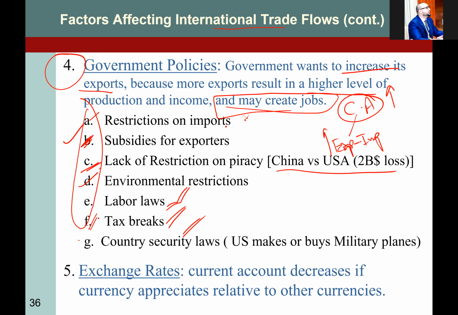Country security laws. The US makes or buys military planes. If the country says that you cannot export this kind of product, then that industry cannot grow. Similarly, for example, military planes you cannot export.